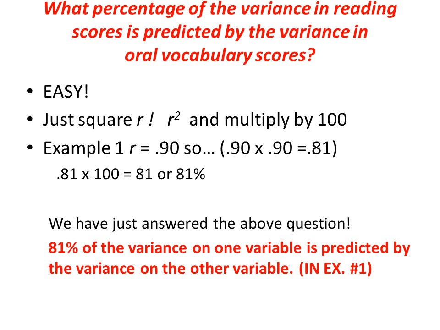So we have just answered the question of what percentage of the variance in reading scores is predicted by the variance in the oral vocabulary scores: 81% of the variance on one variable is predicted by the variance on the other variable.